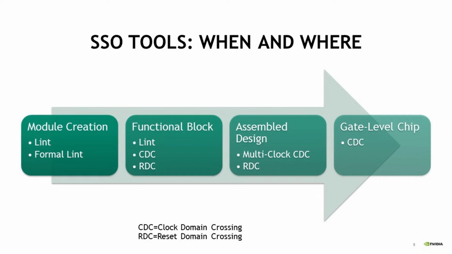And as the chip comes together and the block is functionally complete, you can start to run CDC and RDC. And then as the different blocks are assembled, you can run multi-clock CDC and RDC. And finally, before tape-out, you want to run a gate-level check as well. So as you can see, we're applying static sign-off tools continuously throughout the design cycle.